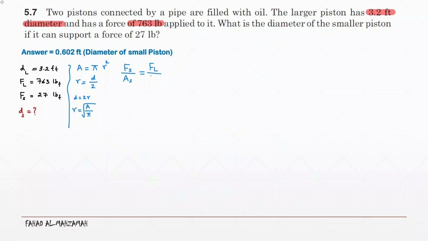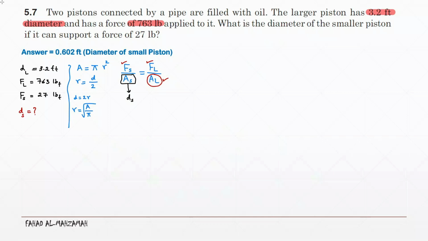So we have the force on the small piston, we have the force on the large piston, and we have the diameter of the large piston, so we can find the area of the large piston. After that, you will find the area of the small piston, and then find the diameter of the small piston. After finding the area of the small piston, you will find the radius, and after the radius you will find the diameter.